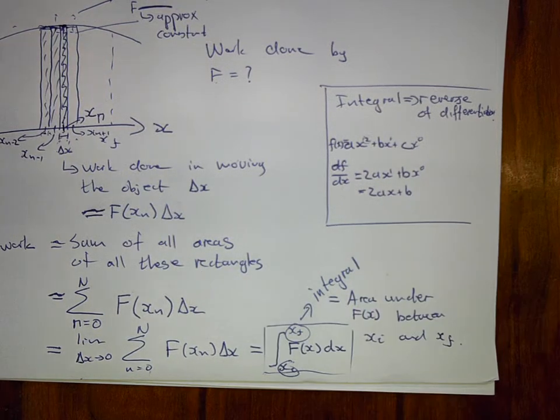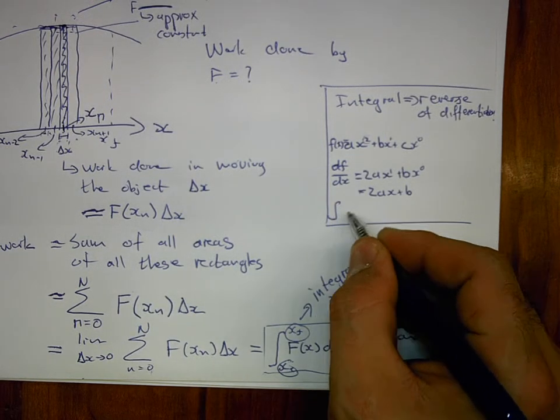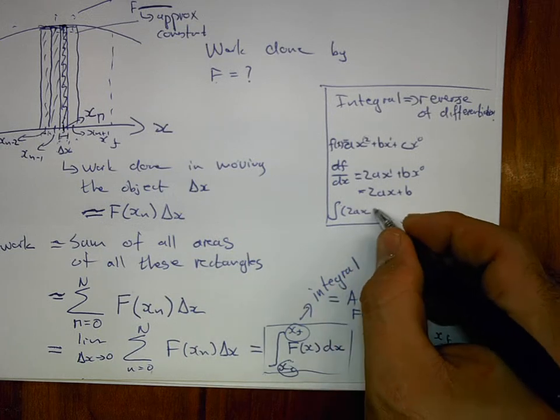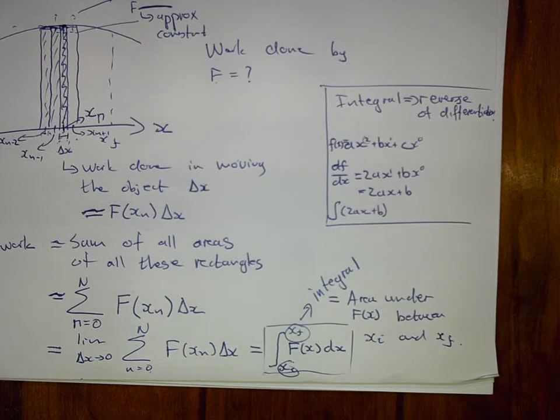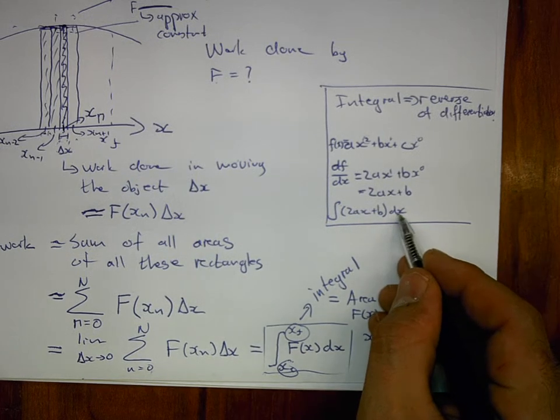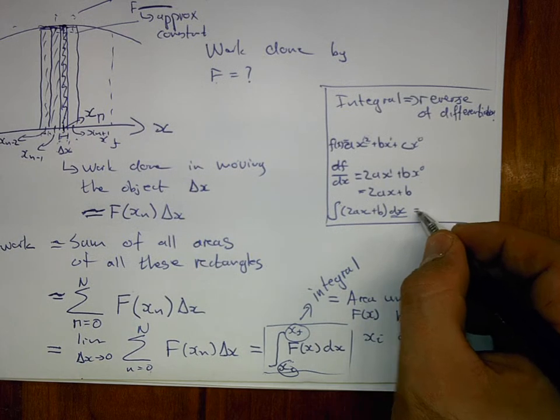Now the integral is the reverse of this. So if I want to calculate the integral of this function, 2ax plus b, and we always note the variable that we integrate with respect to at the end, this must be dx.